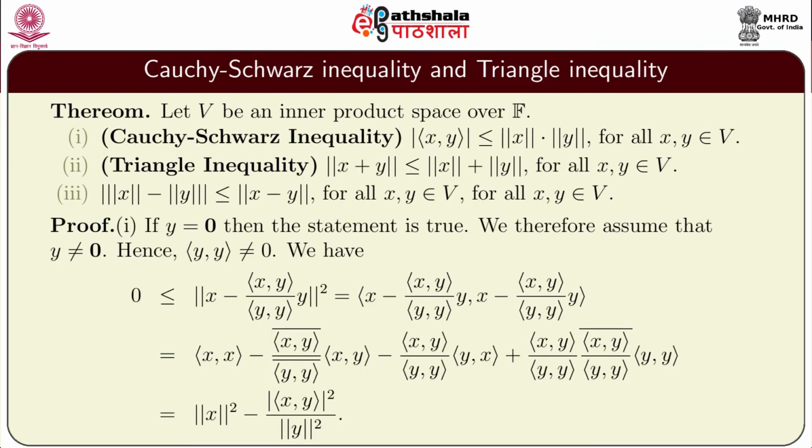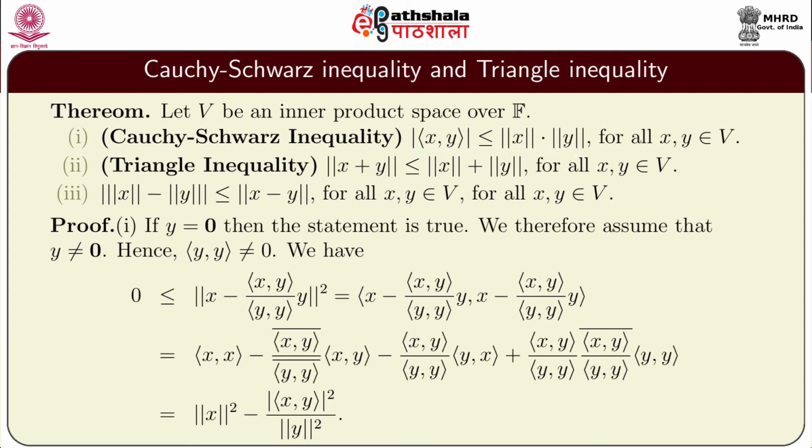Let V be an inner product space over the field F. The following statements are true for every x, y in V. The first one is what is known as the Cauchy-Schwarz inequality, which says that the modulus of the inner product x comma y is less than or equal to the norm of x multiplied by the norm of y.